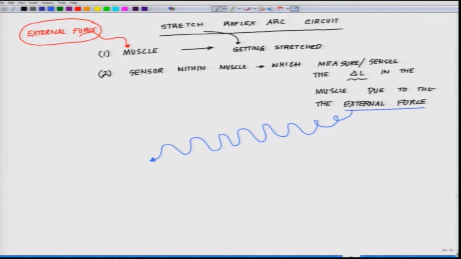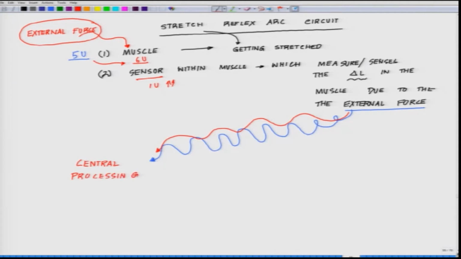Say, for example, the initial length of the muscle before the force generation is 5 units. Then post force generation it becomes 6 units, an increase of 1 unit. So, this sensor will sense the 1 unit increase, and this signal will be sent to the central processing unit. We will later introduce it formally.